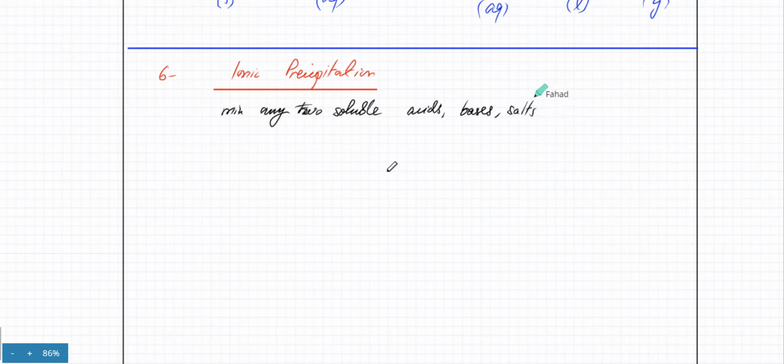So you mix any two soluble acids, bases, and salts. और जब आप उनको mix करते हो, sometimes the reaction would happen, sometimes the reaction is not going to happen.